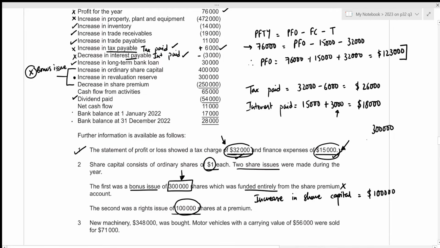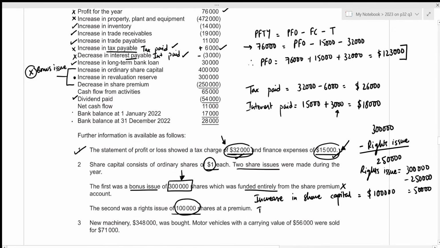Then there was a rights issue premium. And the decrement amount is now 250,000. So we can solve this equation and figure out that the rights issue resulted in the share premium of 300,000 minus 250,000, which results in 50,000.